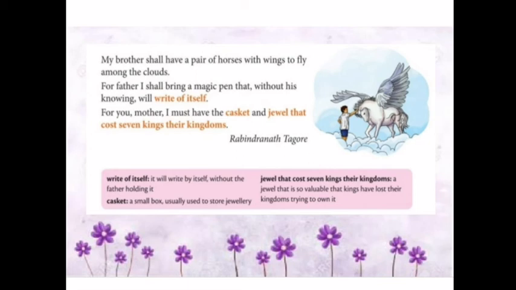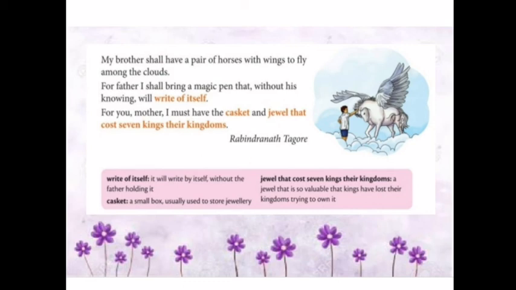But for his precious mother, he wants to get the box with the jewels that kings had lost their kingdoms fighting over. From this, we can clearly see the love of the child towards his mother and his longing to have her wishes fulfilled.